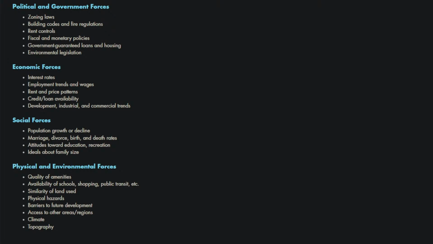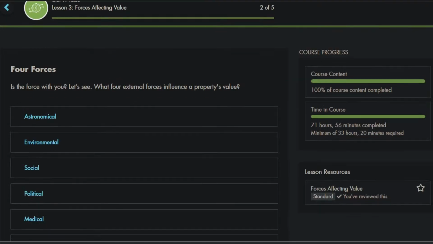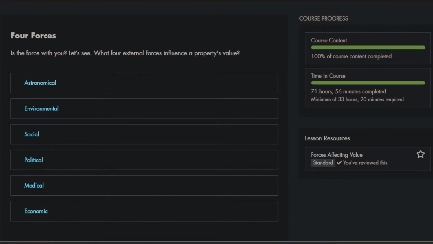And then we have physical and environmental forces: qualities of amenities, availability of schools, shopping, public transit, etc., similarity of land use, physical hazards, barriers to future development, access to other areas, regions, climate, and topography. All right, let's go do our knowledge check.